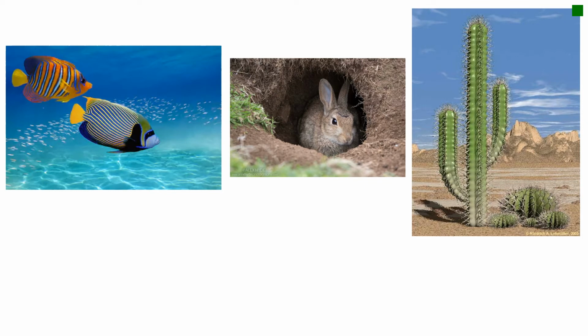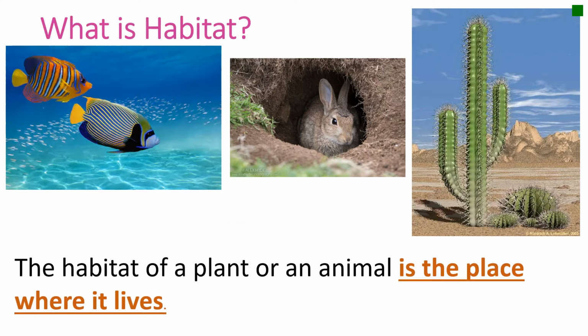Three different ecosystems are found in this slide. As you see here, we have fish in water, a rabbit in a hole, and a cactus plant in a desert. So, three different habitats. What is the meaning of habitat? A habitat is the place where animals can live. For example, where do fish live? Fish live in water.